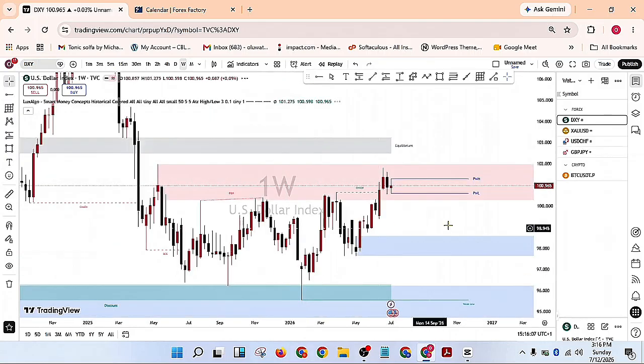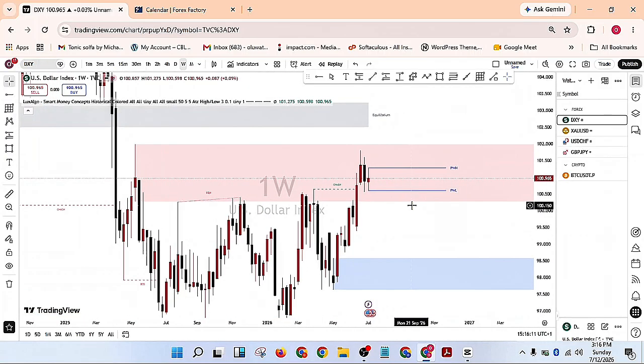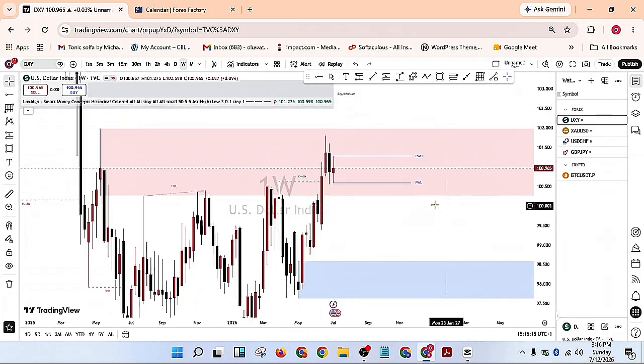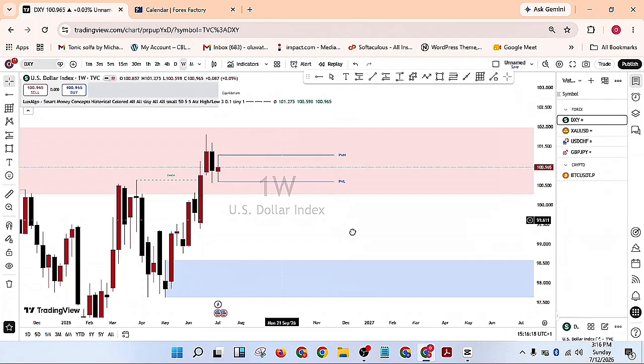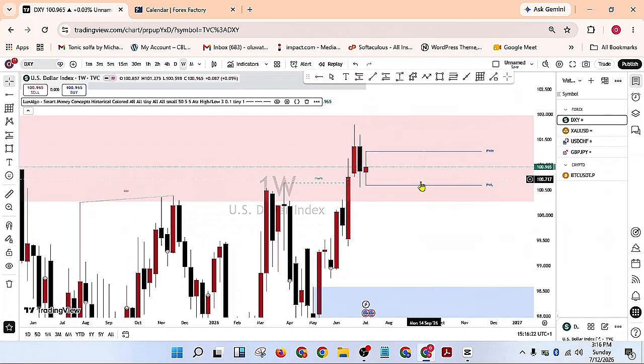On the weekly time frame, this week we had a kind of doji, and when you have a doji like that, that is indecisive.